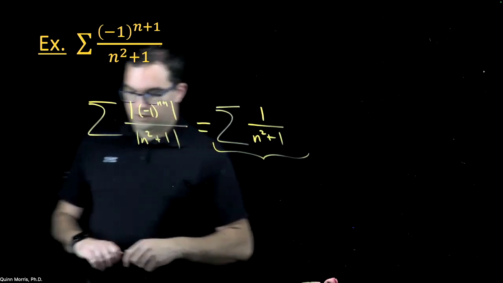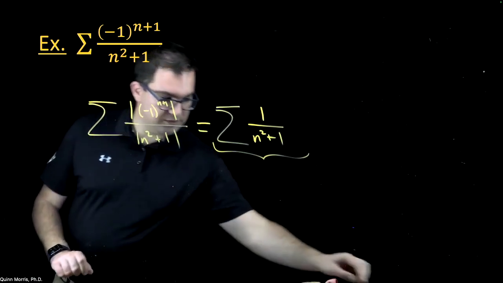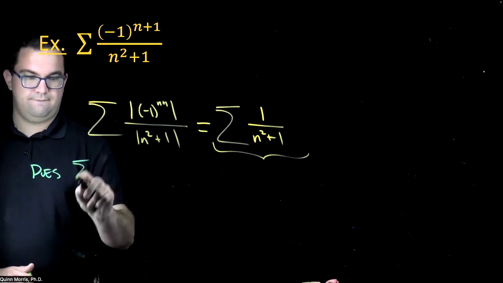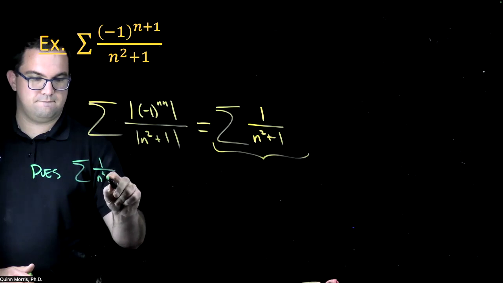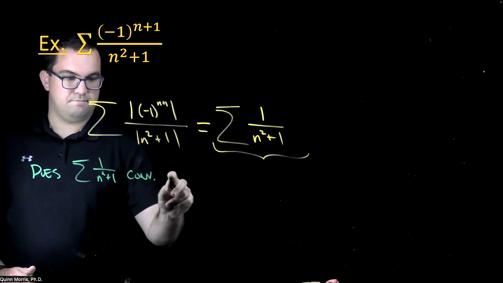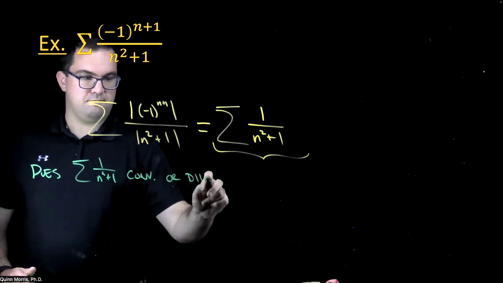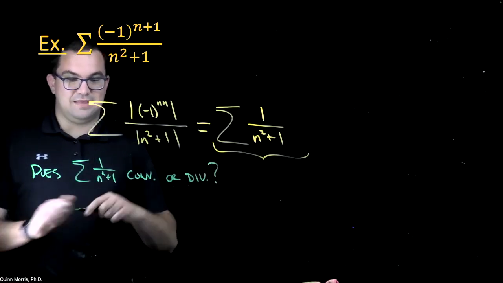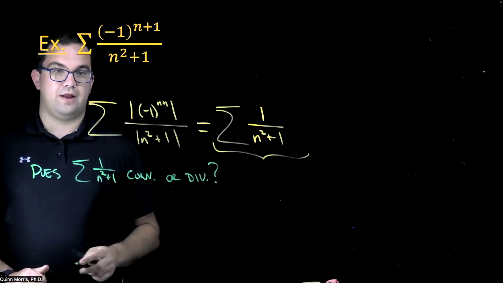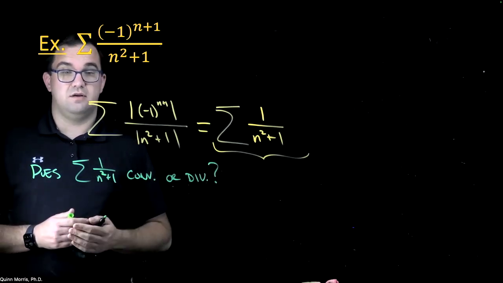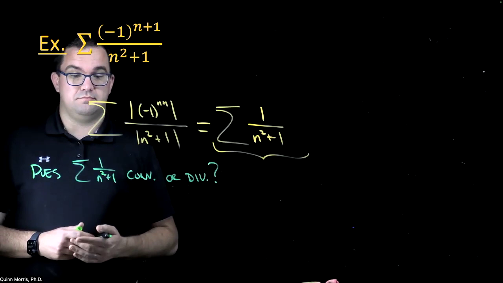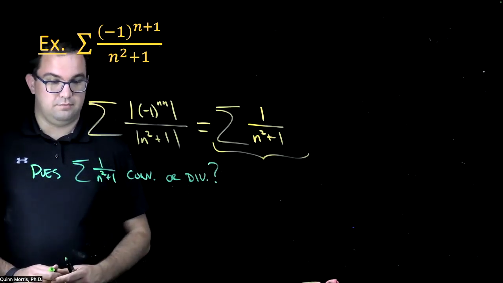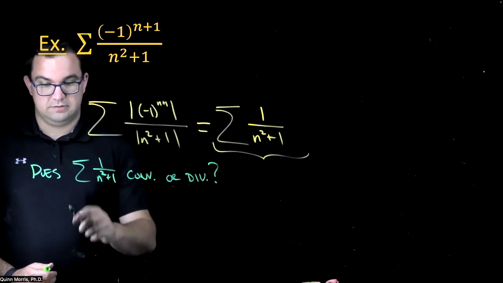Well, let me pose that as a separate question. To determine that, if I think this behaves like 1 over n squared, I might try either comparison or limit comparison. Let's say I wanted to do, let's do comparison.